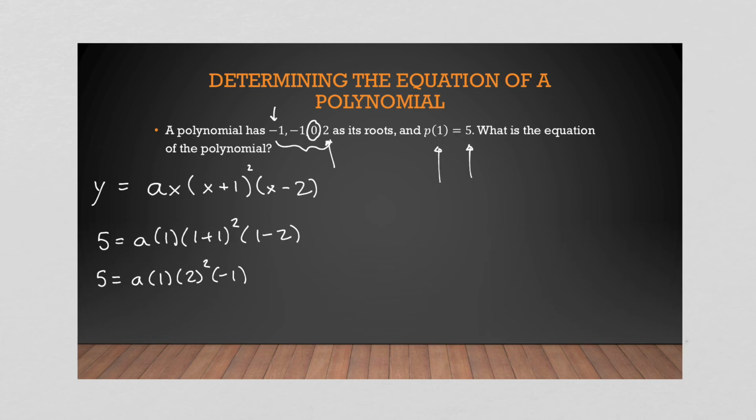So we end up here with a times -4, so a equals -5 over 4. Once we get that a value, we plug it in. Our unknown polynomial is -5 over 4 x times x plus 1 squared times x minus 2. So that is how we solve for a value to get the equation of our polynomial.